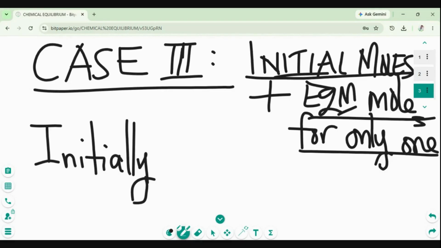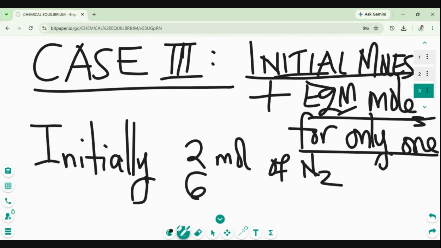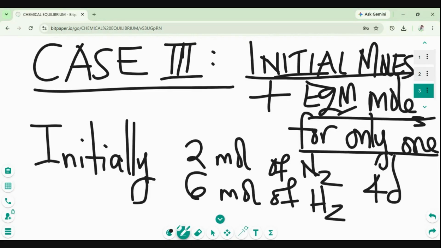You have 2 moles of nitrogen. What else do you have? 6 moles of hydrogen.